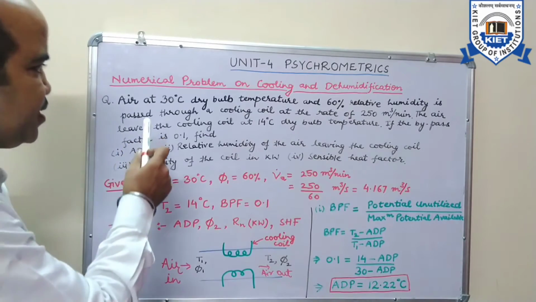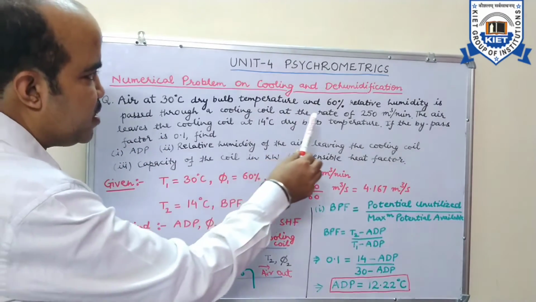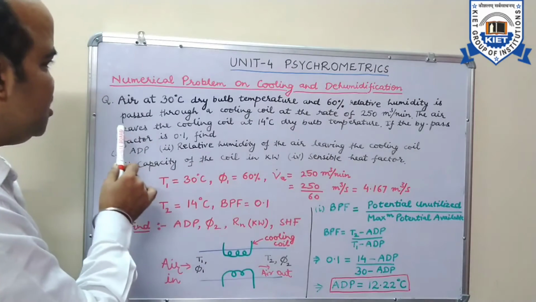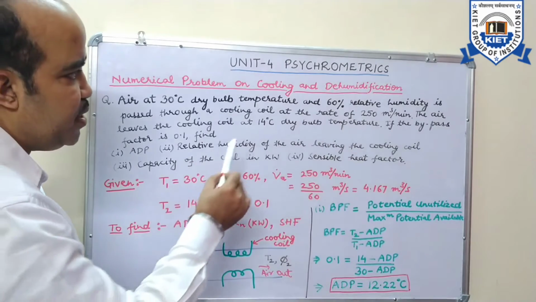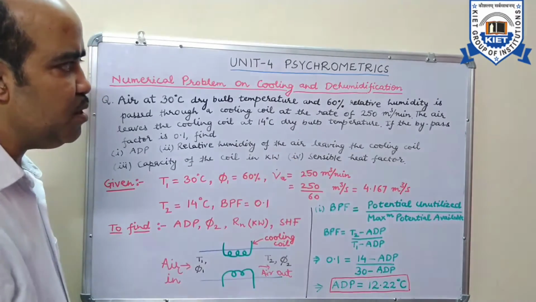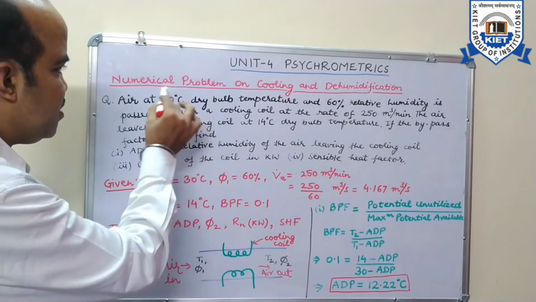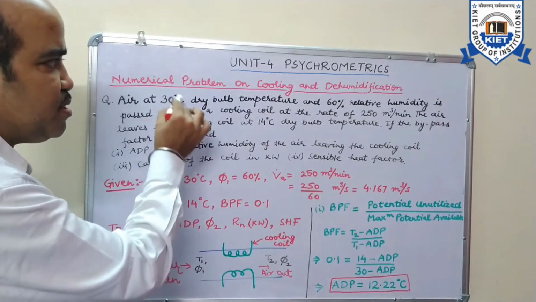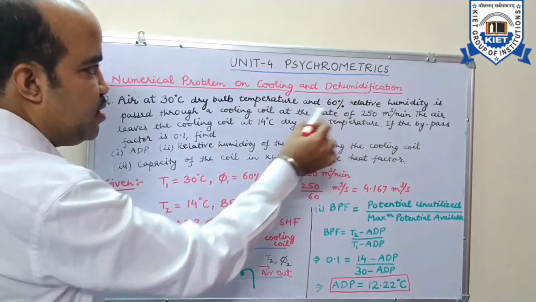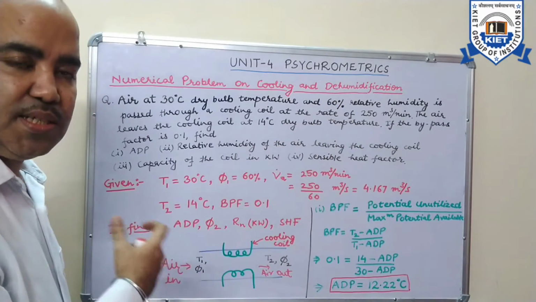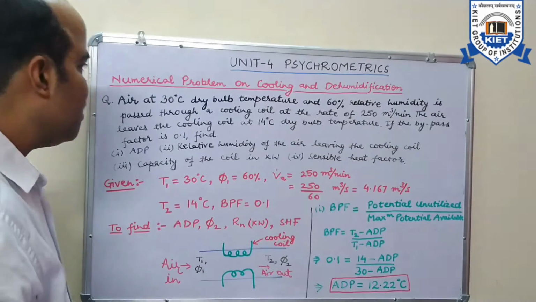Air at 30 degrees Celsius dry bulb temperature and 60% relative humidity is passed through a cooling coil at the rate of 250 meter cube per minute. So here the dry bulb temperature is given as 30 degrees Celsius and the relative humidity is 60% of the air entering the cooling coil.